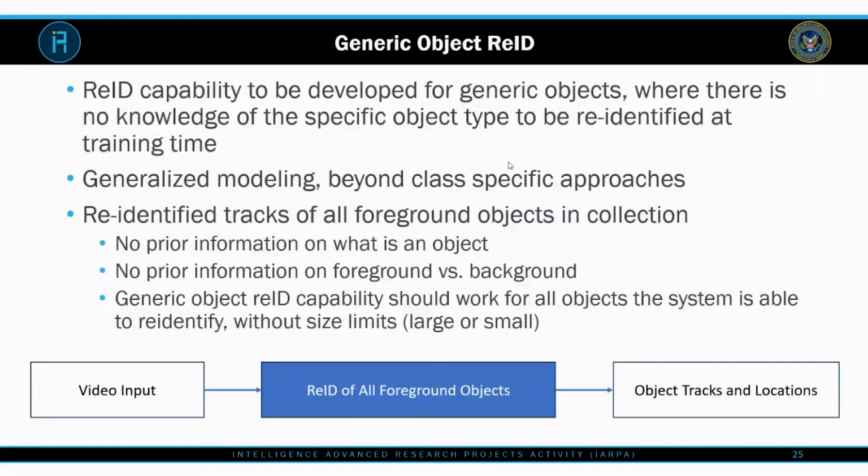So video would be input, and all objects which are in the foreground should be re-identified across the collection, with the output providing the object tracks and locations.